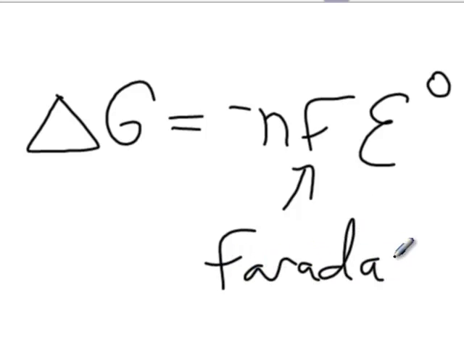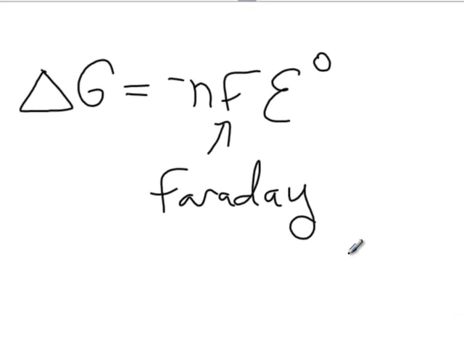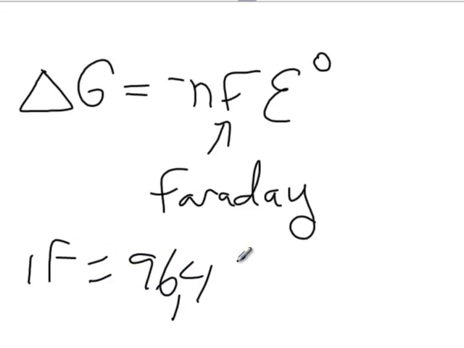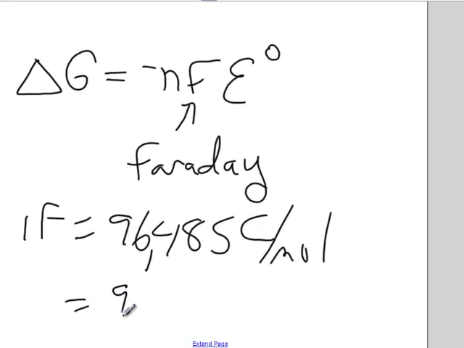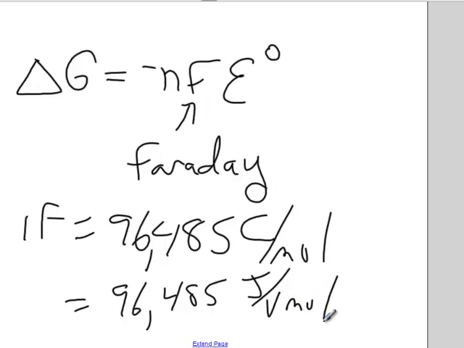after Michael Faraday, who was a scientist who studied electrochemistry. And 1 Faraday equals 96,485 coulombs, that's what that C is, coulombs per mole, which is 96,485 joules per volt mole, because that's what a coulomb is.